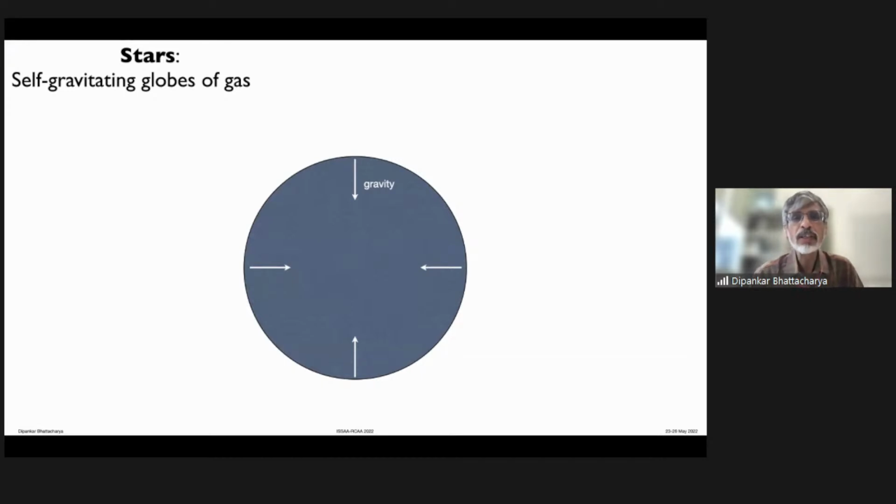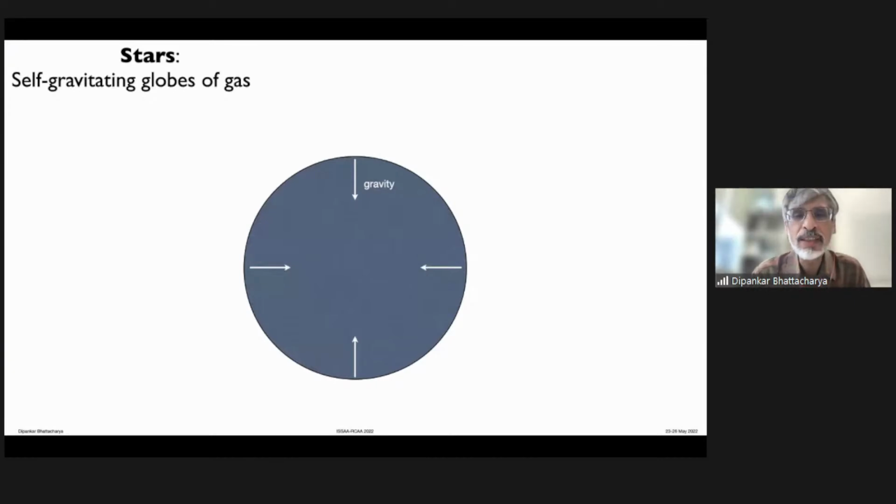So gravity, by its nature, attracts every particle to every other particle. So left to itself, the gravity will tend to make the object smaller and smaller because as you bring two particles closer together, the force between them increases, and you will tend to make this a more squeezed object. And that is the tendency of gravity.